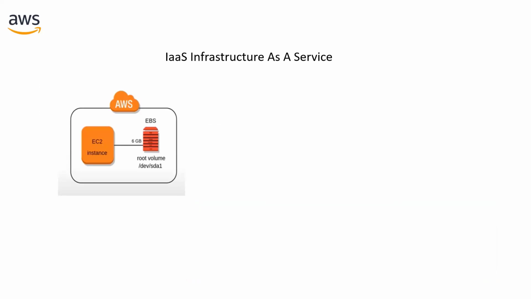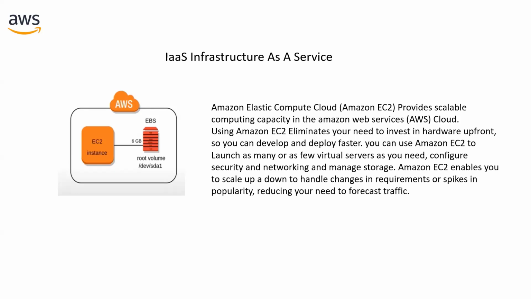You'll ask me what this EC2 is. We have virtual machines and physical machines. When it comes to the cloud, EC2 acts as a virtual instance, and this virtual instance comes under infrastructure as a service.